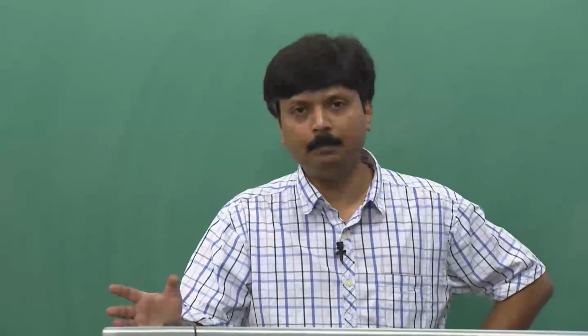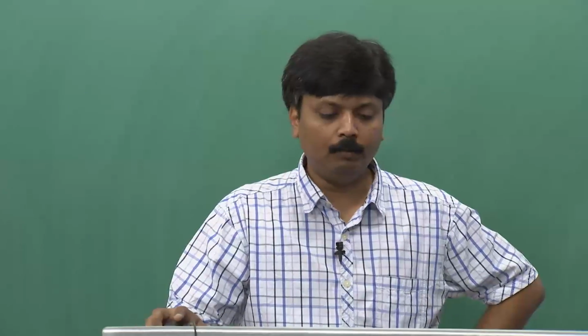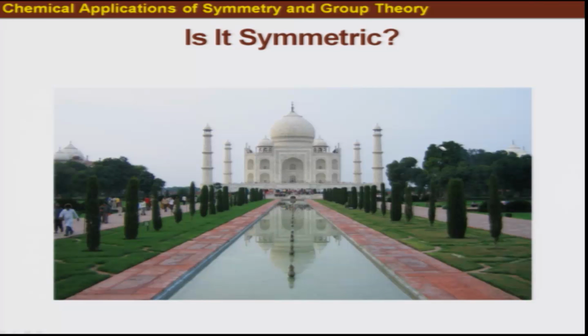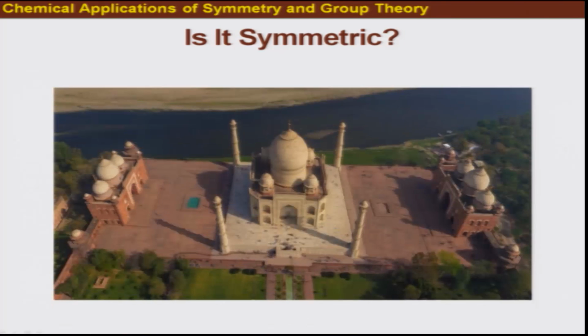So to you it will be a very symmetric object. Now, here comes one of the 7 wonders of the world, the great Taj Mahal. Looking at this phenomenal architecture, you can at first say it's very, very symmetric, and your observation is very true, particularly when you look from a top view, that is an aerial view of the Taj Mahal.